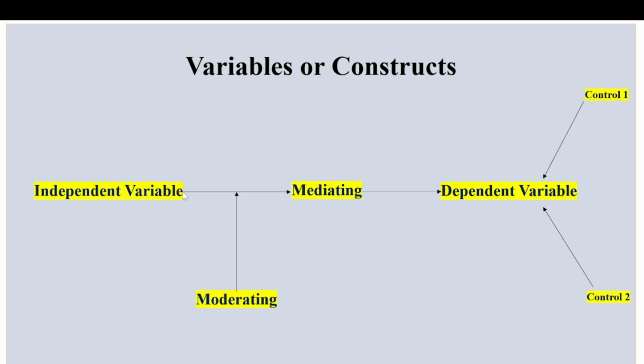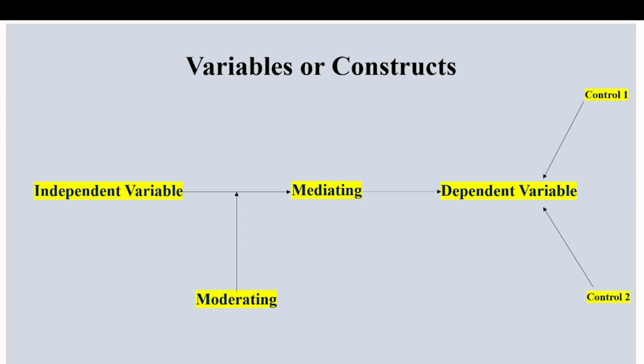So where the arrow starts, we call it exogenous, and where the arrow ends, we call it endogenous. So in that case, independent to mediation, independent is known as exogenous and mediation is known as endogenous, while in that scenario mediations now become exogenous and dependent variable is called endogenous.